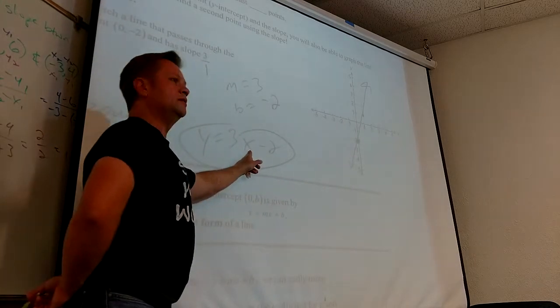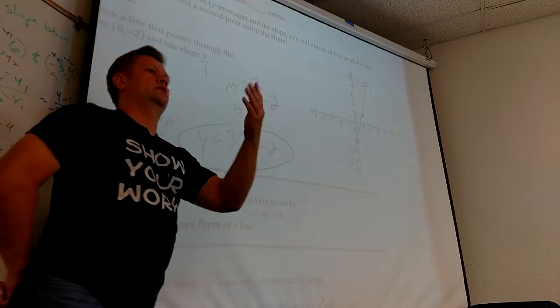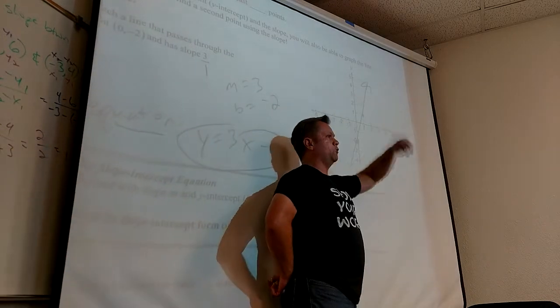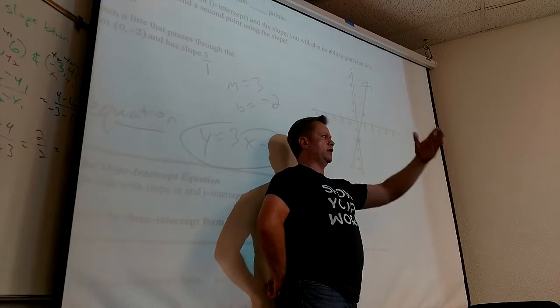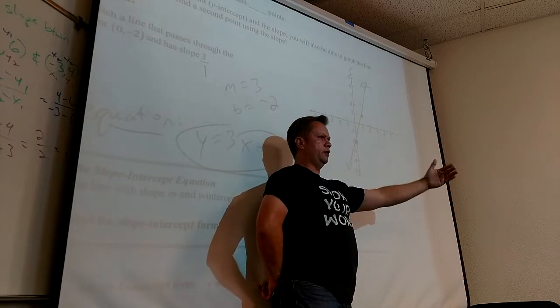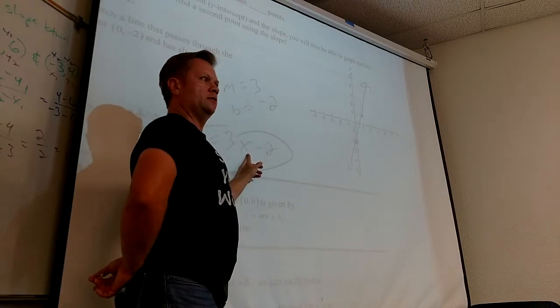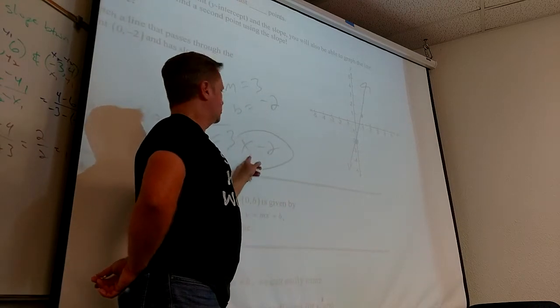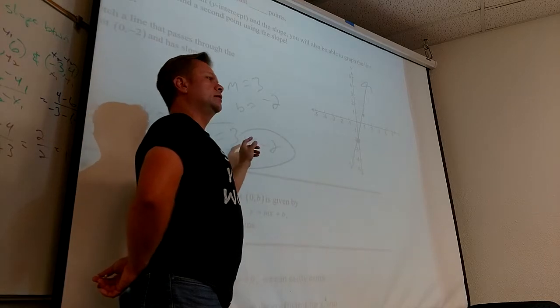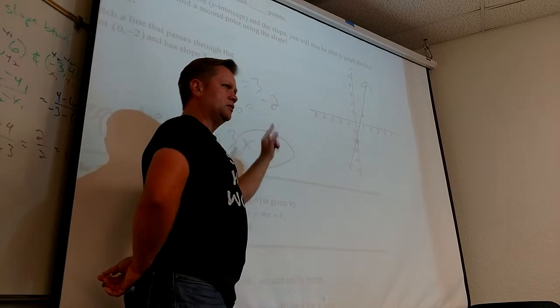When you put a 1 in, so if it goes to the point (1, 1), that means if x is 1, y better be 1. When you put a 1 in for x, what do you get? 3 times 1 minus 2. 3 minus 2 is 1.